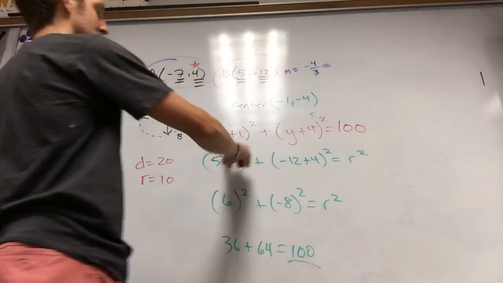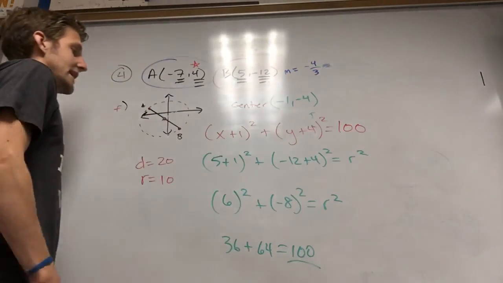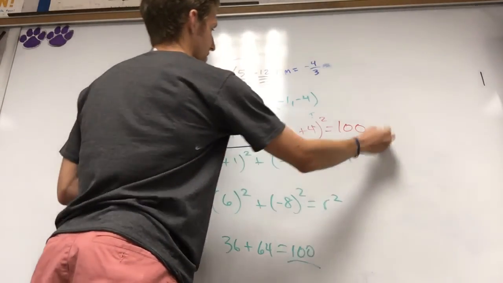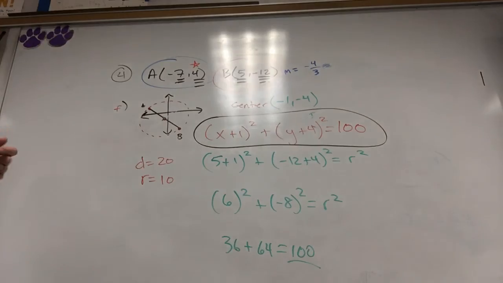All right, so here's the equation right here. X plus 1, all of it squared, plus y plus 4, all of it squared is equal to 100.